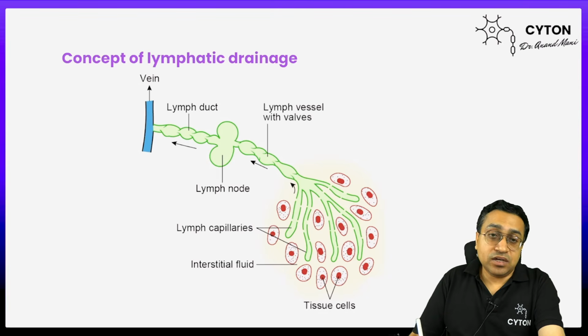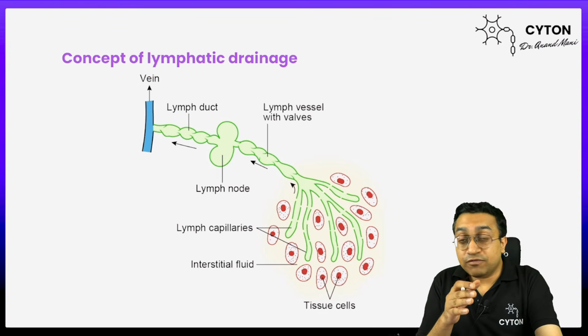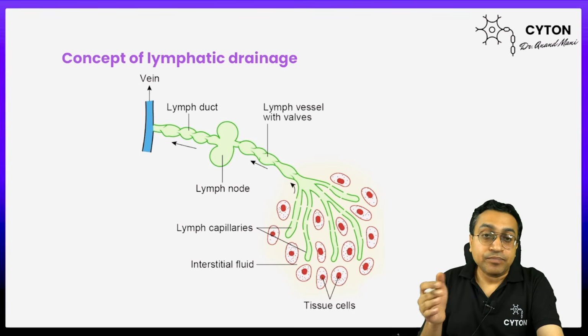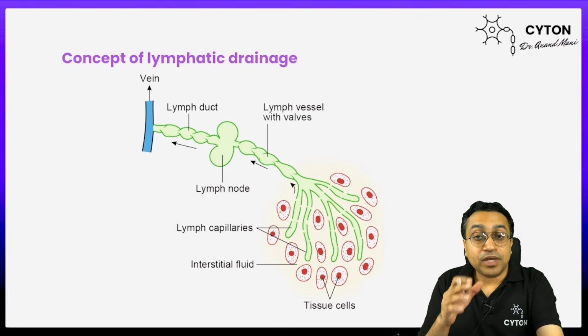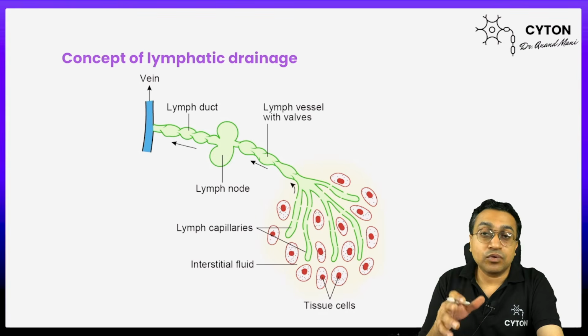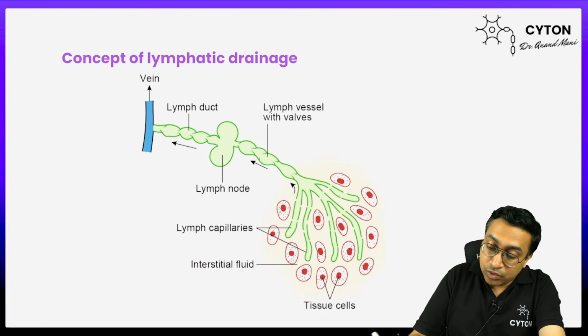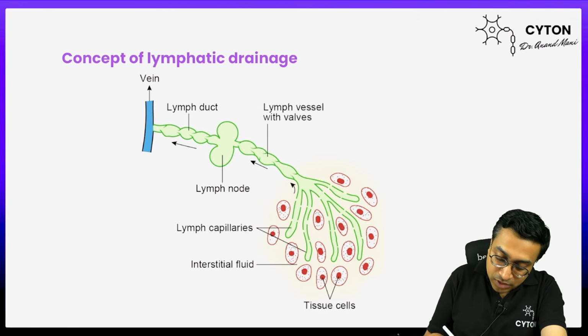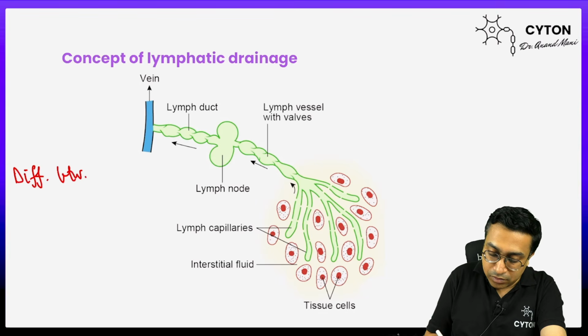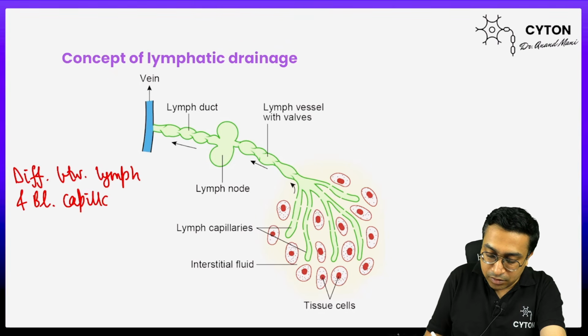Regarding the differences between the lymph capillaries and the blood capillaries, the lymph capillaries begin blindly in the intercellular spaces, as you can see here. We can write somewhere the difference between the lymph and the blood capillaries.